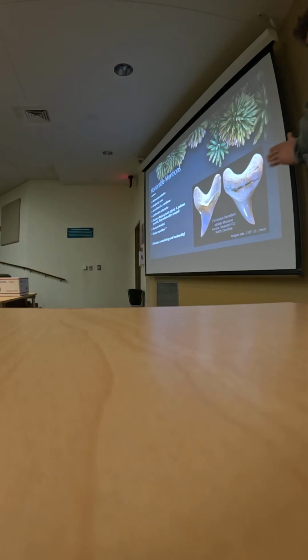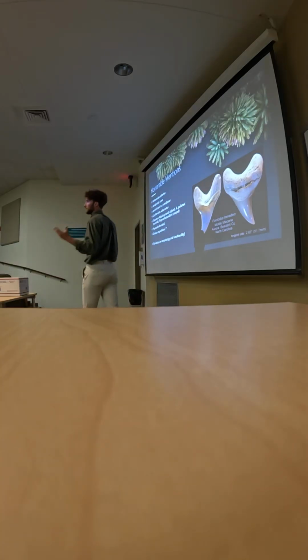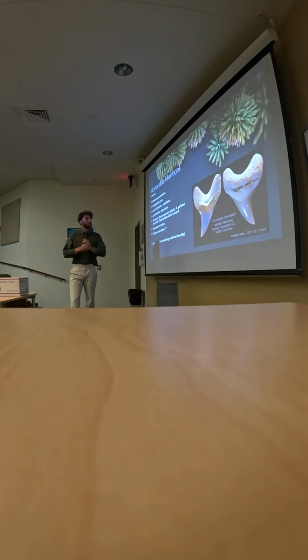Now, there are many species of shark's teeth that we find throughout our region. And this is just a small sample of some of the ones that we'd like to investigate a little bit here, at least on a surface level. So we'll start with the Galeocerdo contortus. So this is an Oligocene-aged tiger shark, much smaller than their modern counterparts, the Galeocerdo cuvier, which we all know and love.